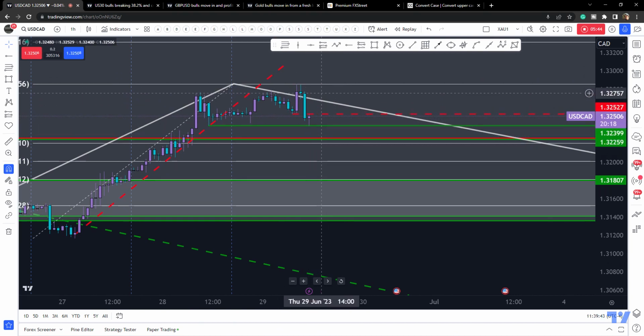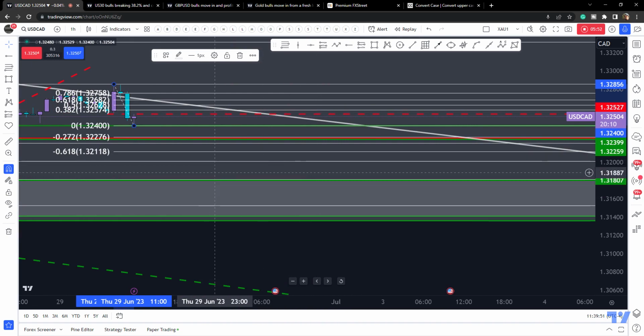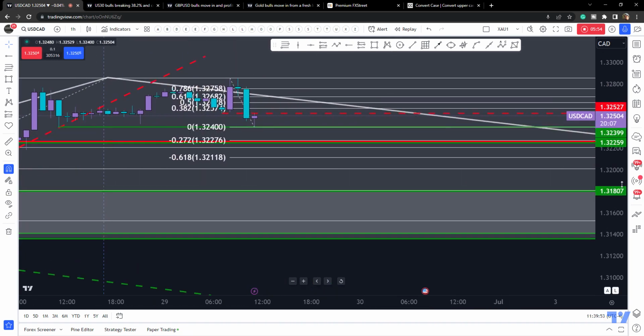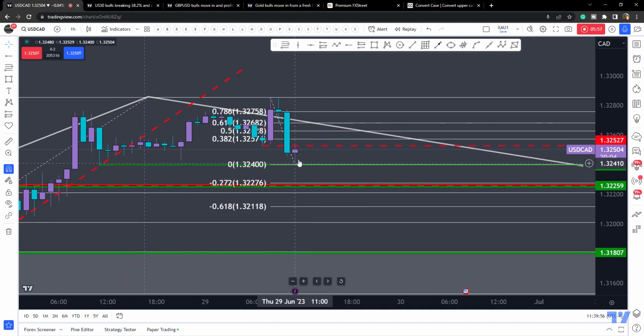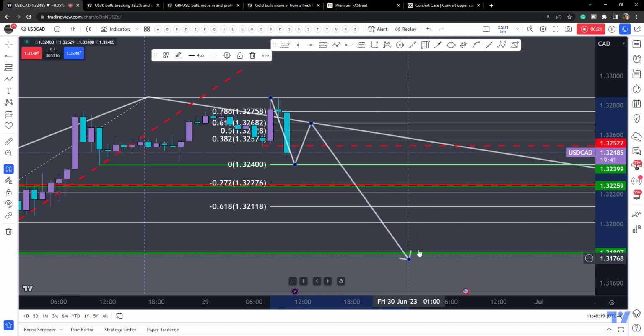And we can draw our Fibonacci on this move and wonder whether we're going to get a correction into that to fuel the downside. So we might be coming up into the Fibonacci scale, maybe as high as a 61.8 to come lower, which will be the fuel to head in towards our target area.